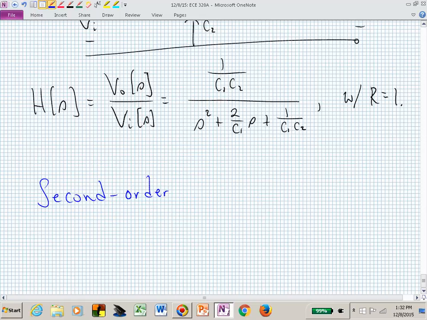No, so you're not going to be sloping up ever, are you? What's the DC gain? 1. What are you doing from that DC gain? You're always decreasing, aren't you? The denominator is always getting bigger. So this is low pass. This is a second order low pass. And we want to pick the C's to give us a Butterworth pattern.